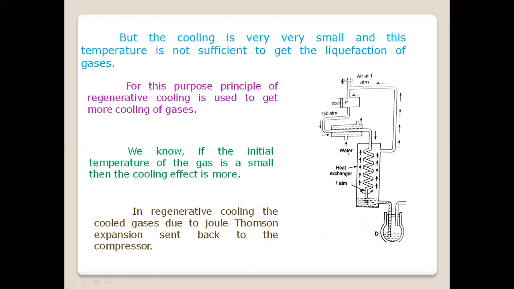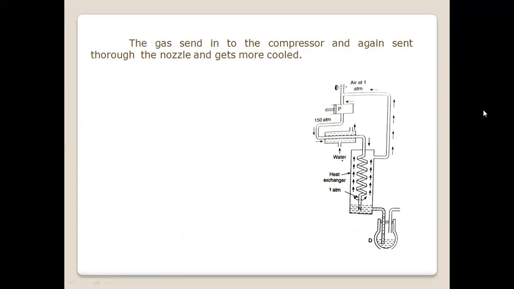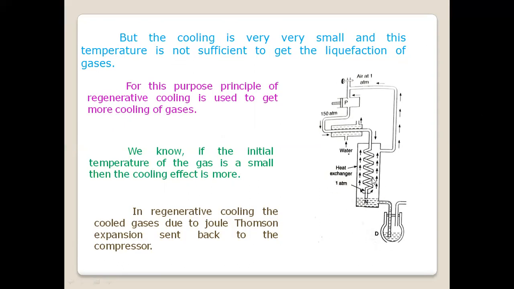So its temperature is very much reduced, even though its final temperature is not yet less than the critical temperature. It goes back through this tube and enters the piston arrangement again. Its initial temperature is now very low, so when it again passes through the porous plug, through the nozzle, its temperature decreases further.